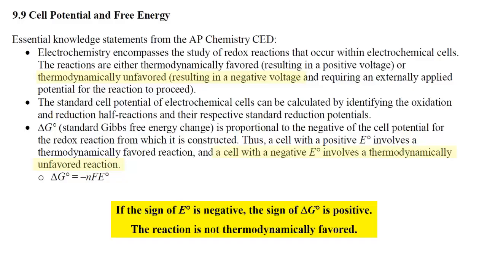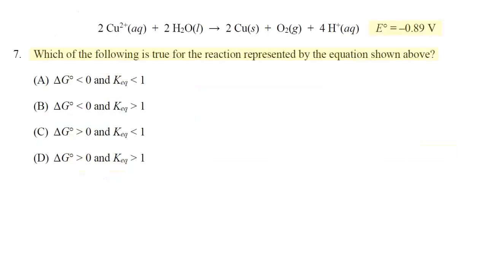So we're looking for a positive delta G in question 7. So choices A and B indicate that the delta G is negative, so that's not true. The correct answer is either choice C or D with a positive sign for the delta G, indicating that the reaction is not thermodynamically favored.